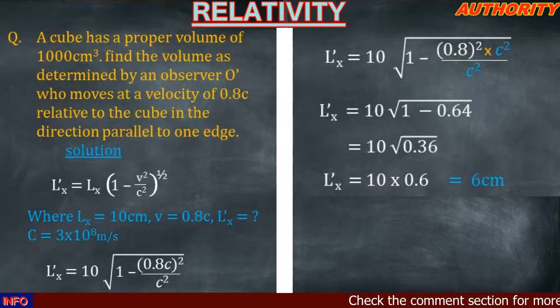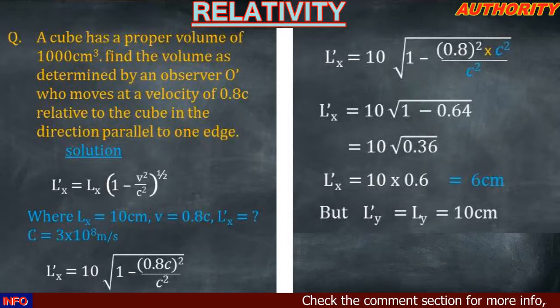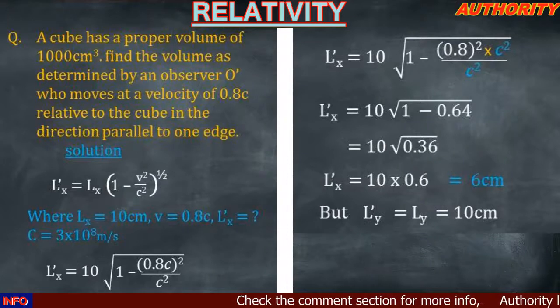Now, this is in 3 dimensions. One edge is affected. The rest of the 2 edges are not affected. So we say that the length in y-axis measured by the observer in motion is the same as the length measured by observer at rest, which is L prime subscript y is equal to L subscript y, which is the same as 10 cm, unaffected.